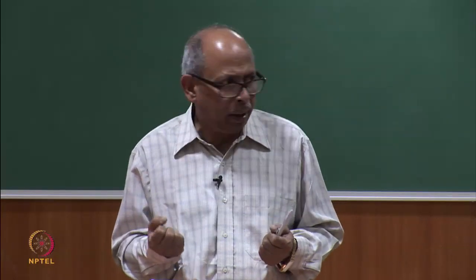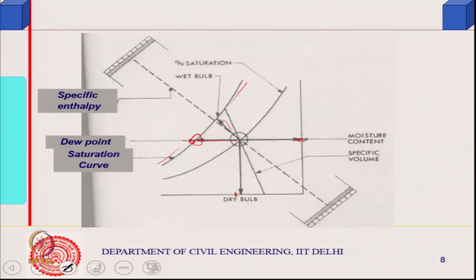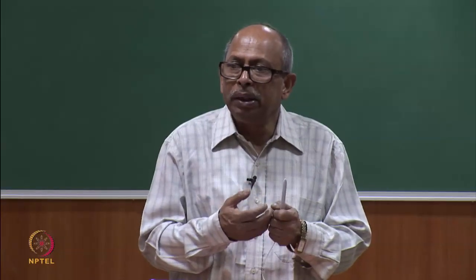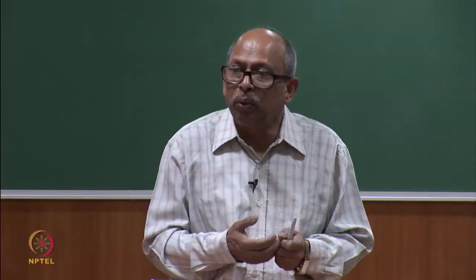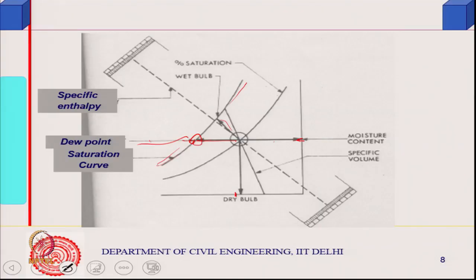Dew point corresponds to the case where, for a given moisture content, the temperature has gone so low that it has reached the saturation point. If you try to cool it further, you cannot go along this line; rather you will go along this line. So, there will be condensation occurring.